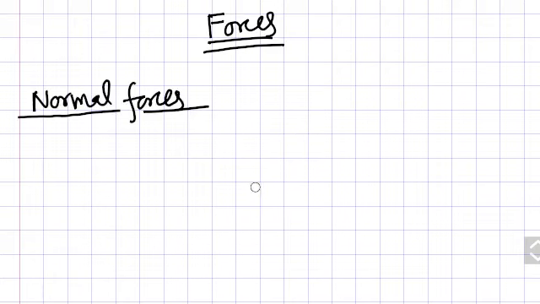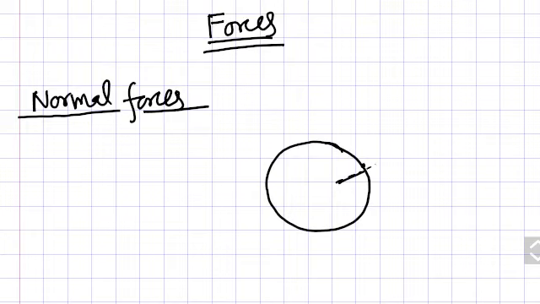Let's discuss normal forces. I told you that on the sphere surface, it is our anticipation that there can be two types of forces: force due to pressure and force due to this normal stress.